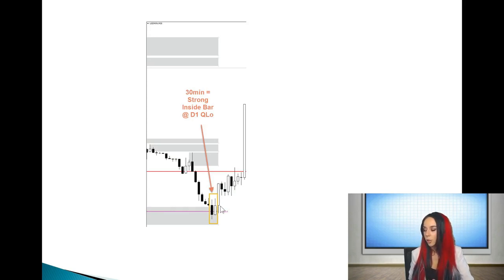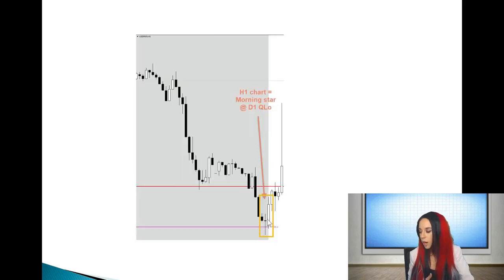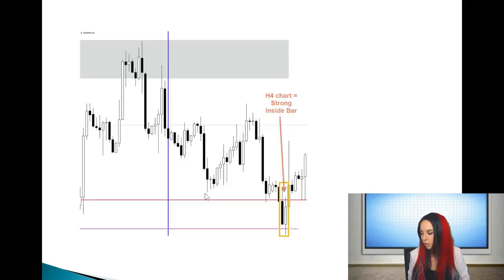Eventually, that turned into a 3 inside up pattern. Then you had the 1-hour chart, where there was a morning star, so another rejection pattern. And on a 4-hour chart, sometime later, obviously a few hours later, there was also a strong inside bar. All 3 of these time frames could have been used to enter your trade, depending on your level of skill, but also your individual style of trading.